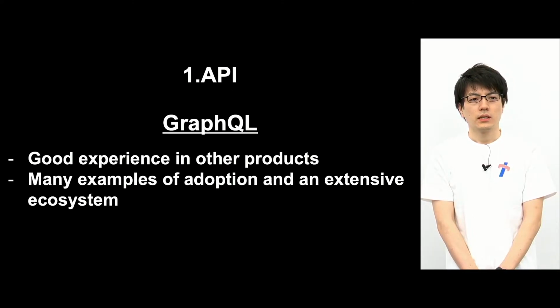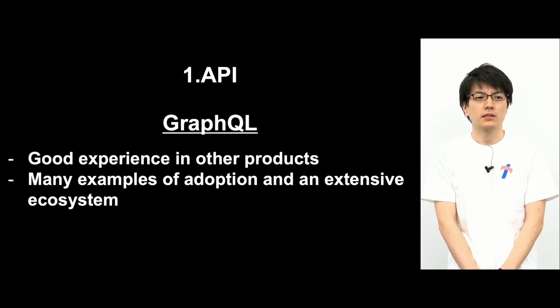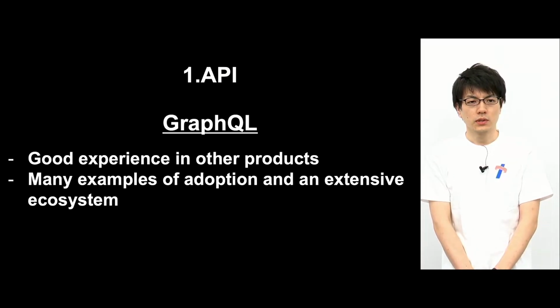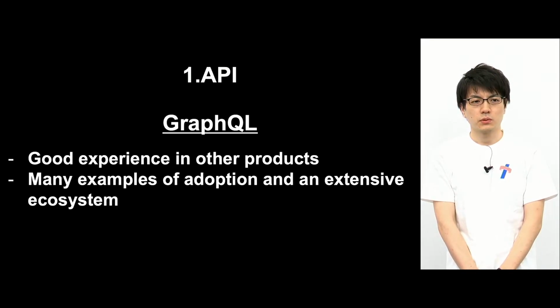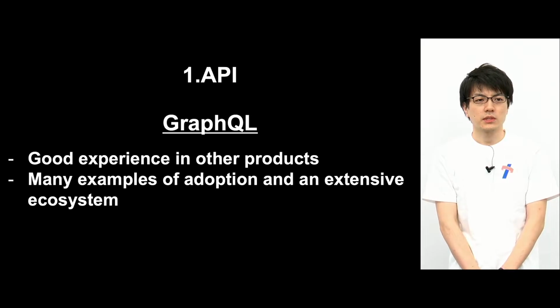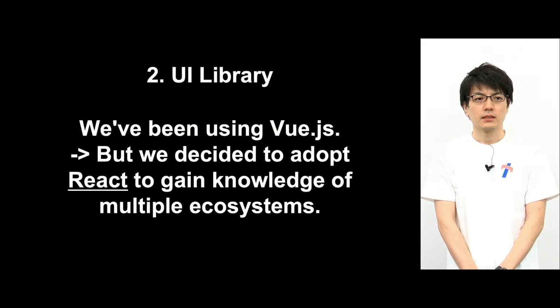The reason for adopting GraphQL was that we already had experience using it, and the experience with GraphQL was good. Another point is that there are many other use cases within the company, so the ecosystem has already been built and enriched, so we decided to go for it.